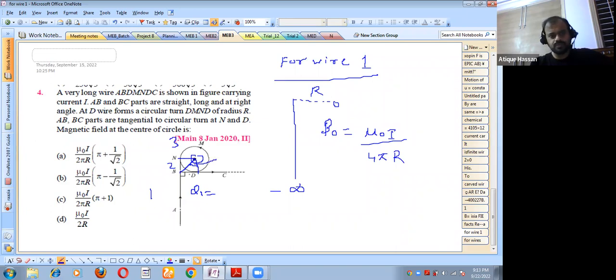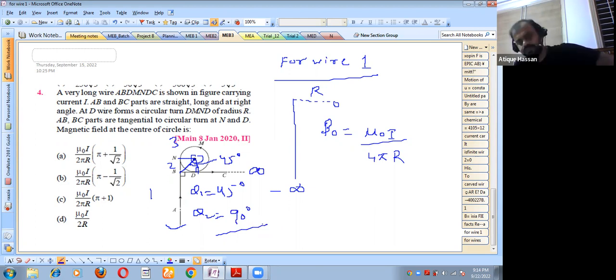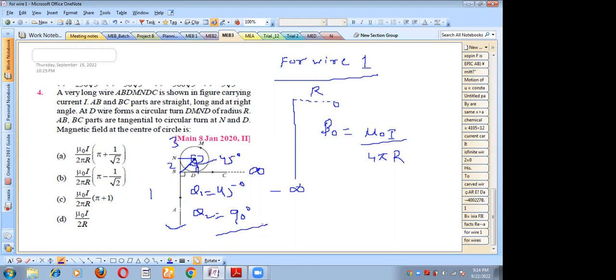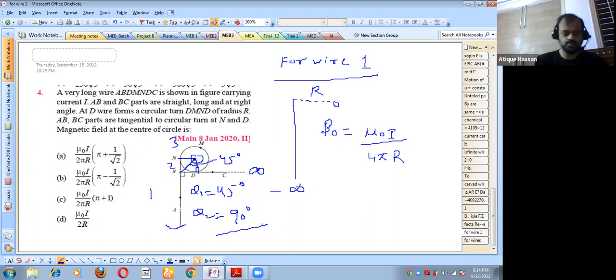This angle is 90 degrees and this angle is also 90, so this angle must be 45 degrees. So theta 1 will be 45 degrees, and what will be the value of theta 2? Since the wire is going to infinity, theta 2 will be 90 degrees, right? Understood?